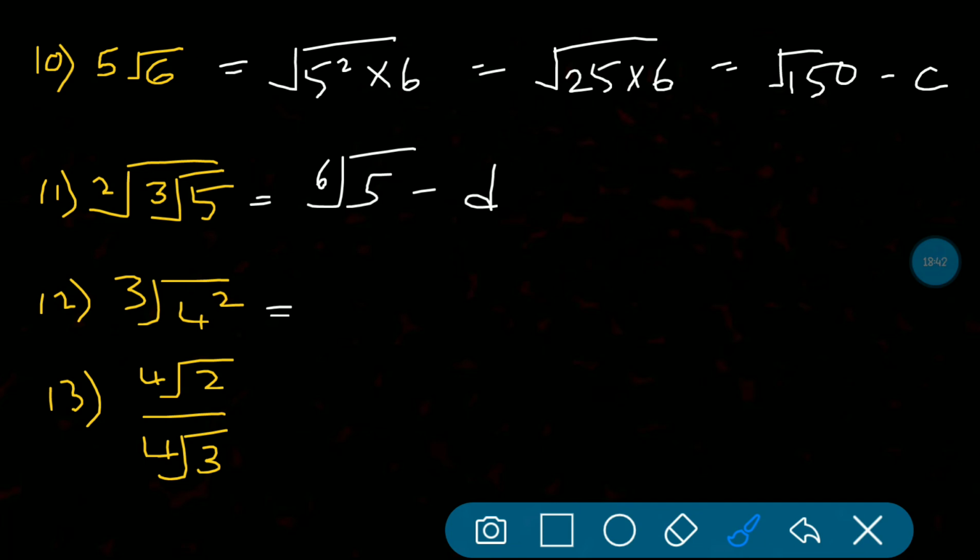Next, cube of 4 square. Now see, this one you can solve in many ways, but you have to check the options. Options are very important in packages. So that's what I'm going to solve it in a different way. That means, see, according to options we have to be practical.